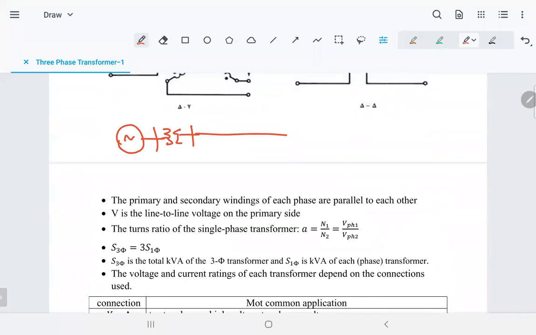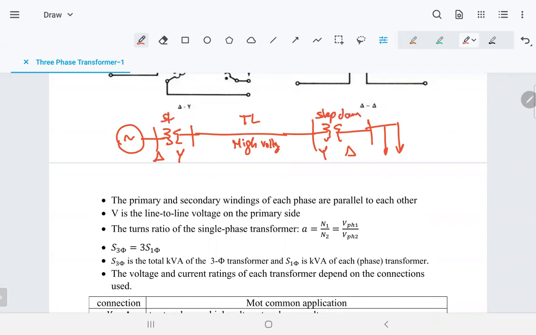Delta Y. And then you have here the transmission line, that's the high voltage. And then you go to another transformer that will be Y delta, and that's the substation. Then here is the load, the consumers. So that will be step down, and that will be step up.